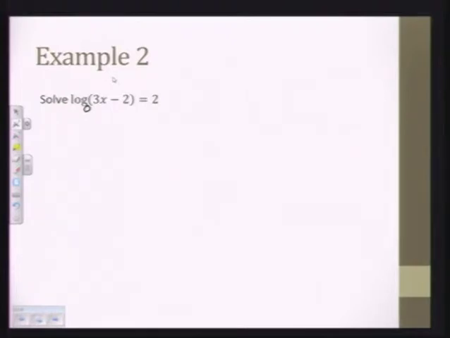Well, once again, we can change this to an exponential statement if we say that our base, which is 10 right here, to the second power equals what we're taking the logarithm of, which is 3x minus 2. Notice all of a sudden, x is out of the influence of the logarithmic expression. And now we can solve for x as we normally would.